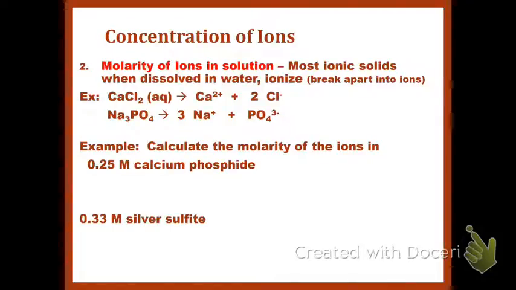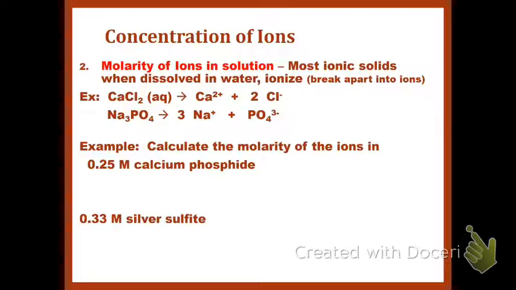But what happens is when they break apart and it's not even, this is where kids get a little bit confused. So when the calcium chloride breaks apart, it gives me 1 calcium and 2 chloride ions. When sodium phosphate breaks apart, it's giving me 3 sodium ions and 1 phosphate ion. And that affects the concentration of the individual ions.